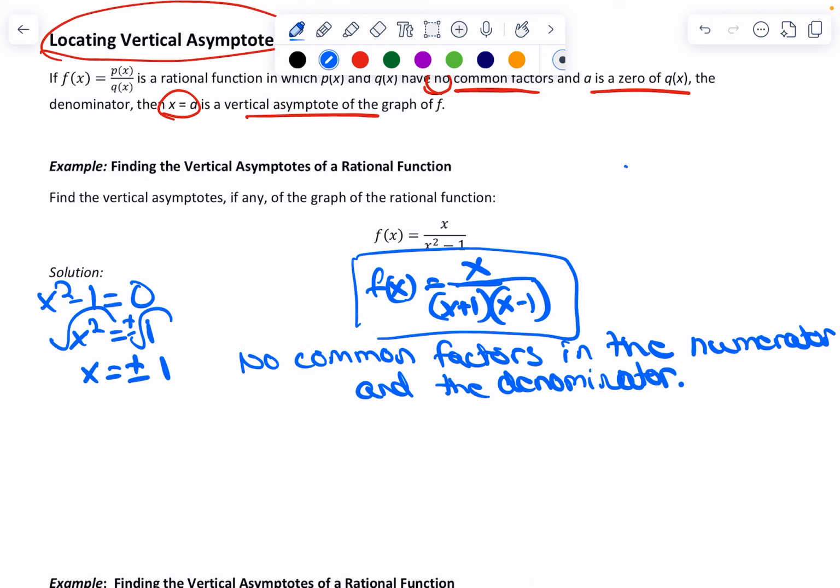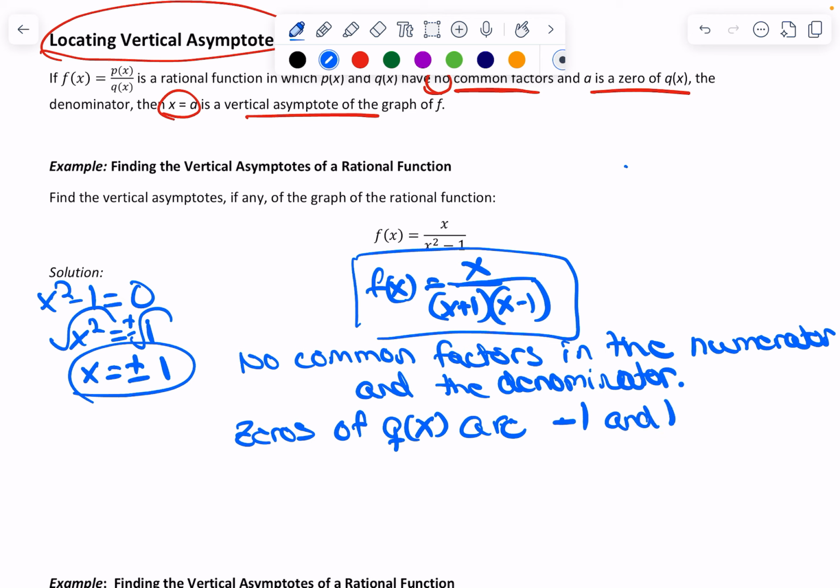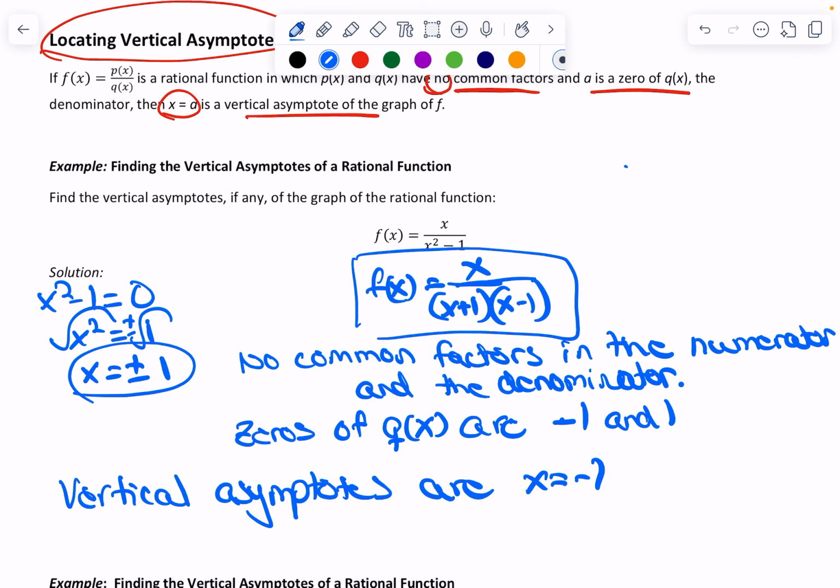And we know that the zeros of q of x are negative 1 and 1. So since those are our zeros, our vertical asymptotes are x equals negative 1 and x equals 1.